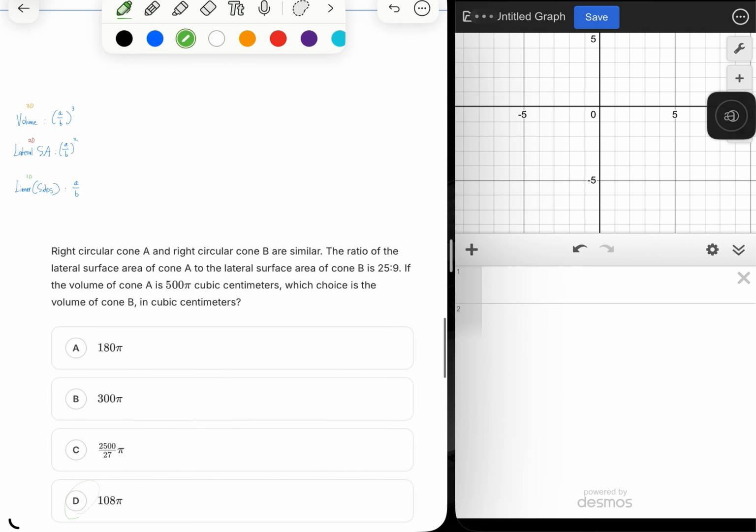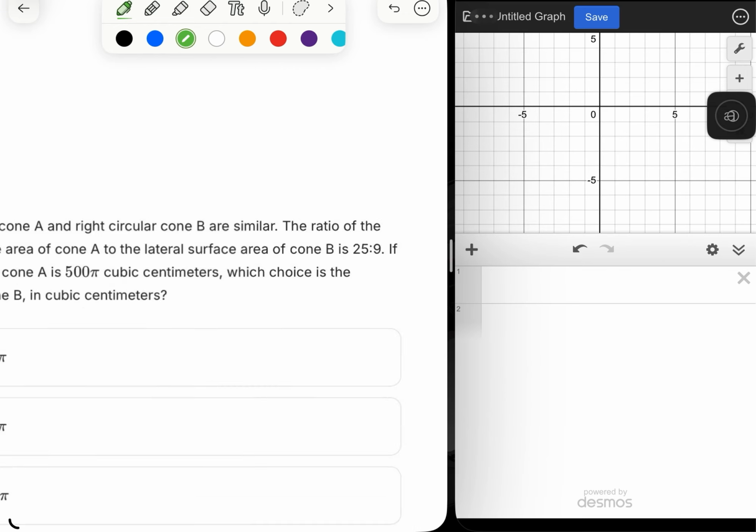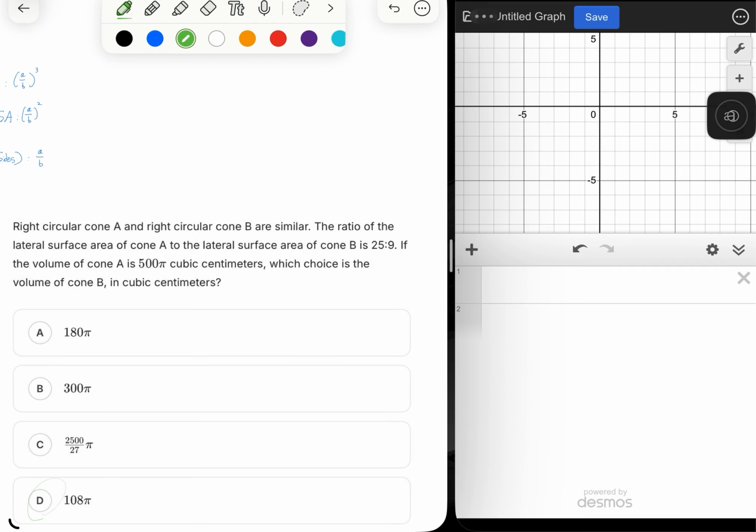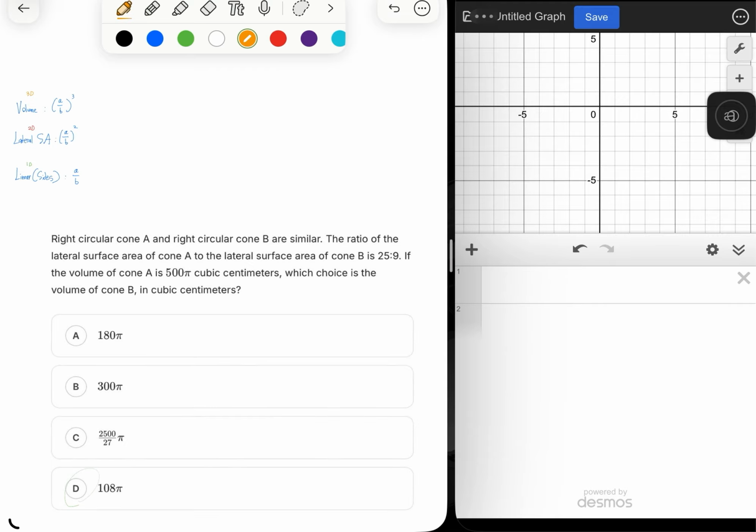This makes our problem easier because now we're given that cones A and B, right circular cones, are similar. The ratio of the surface areas of cone A to cone B is 25 over 9. And if the volume of cone A is 500 pi, which choice is the volume of cone B? Well, this becomes really easy now, because we know the ratio of the lateral surface area is 25 over 9.